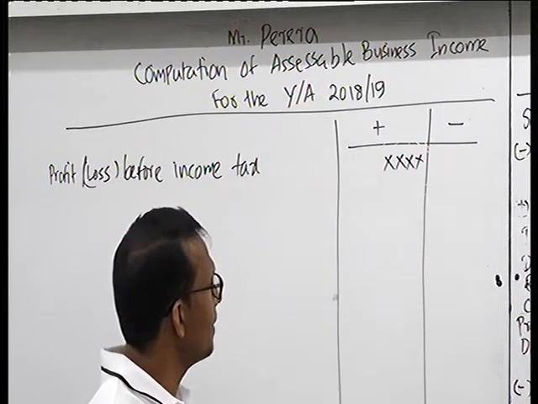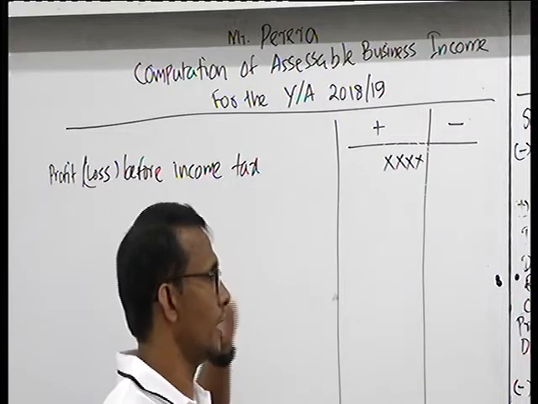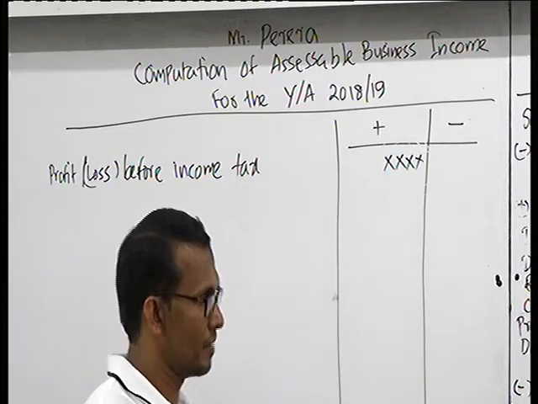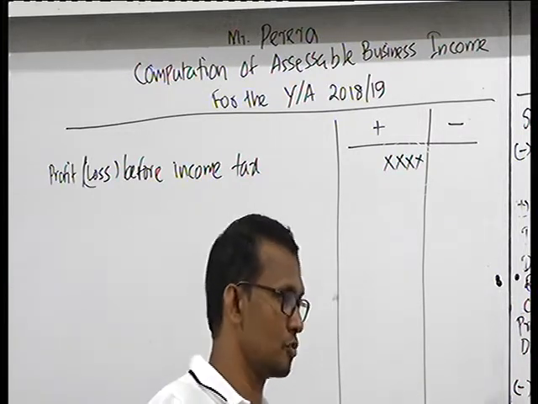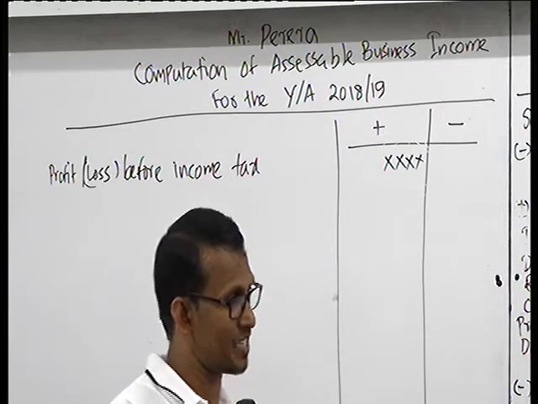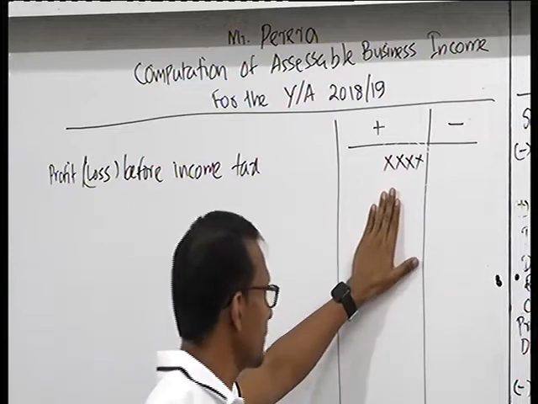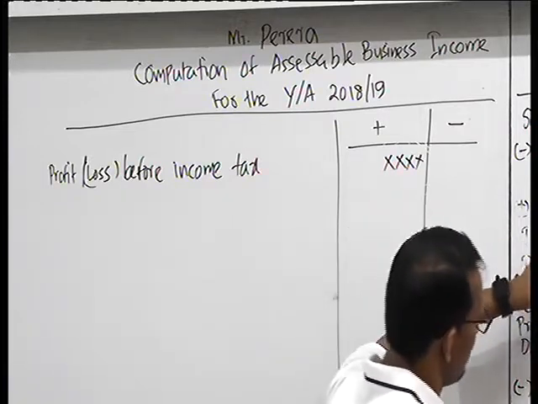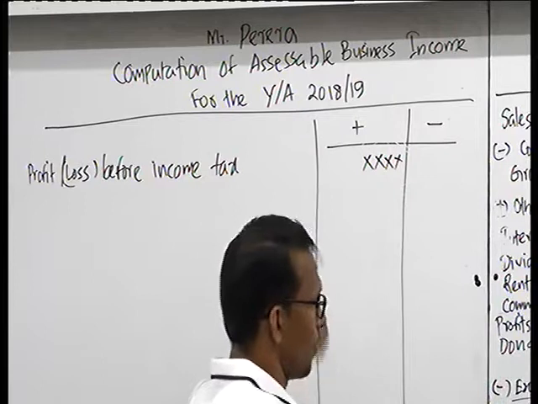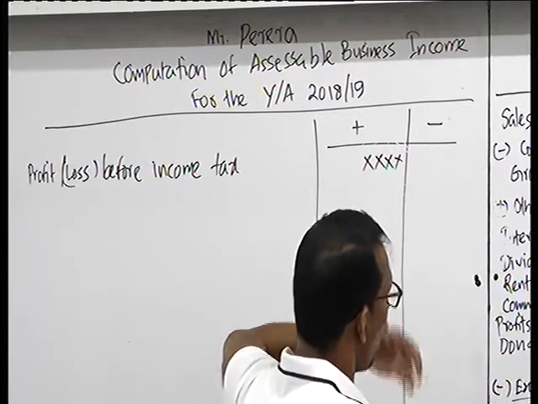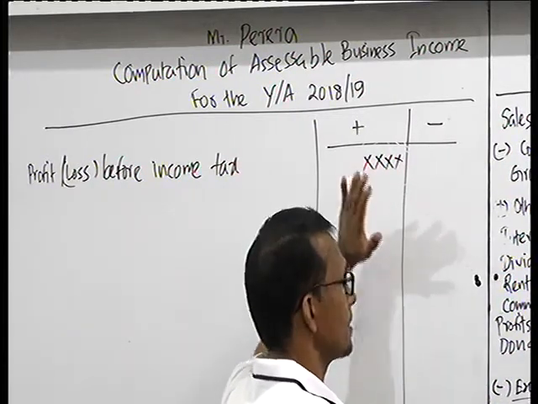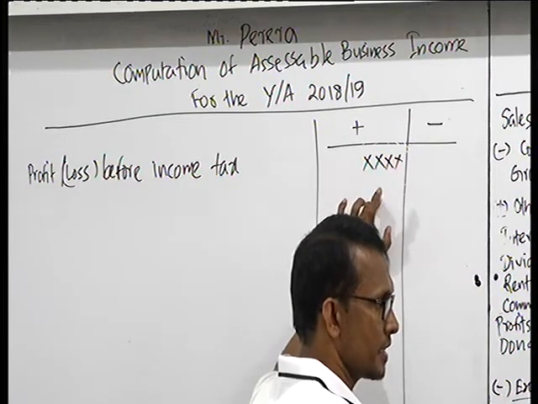If it is trading, say buying and selling garments or mobile phones or maybe stationery items, can you consider the interest income from fixed deposit or maybe from treasury bills or treasury bonds as part of your business income?